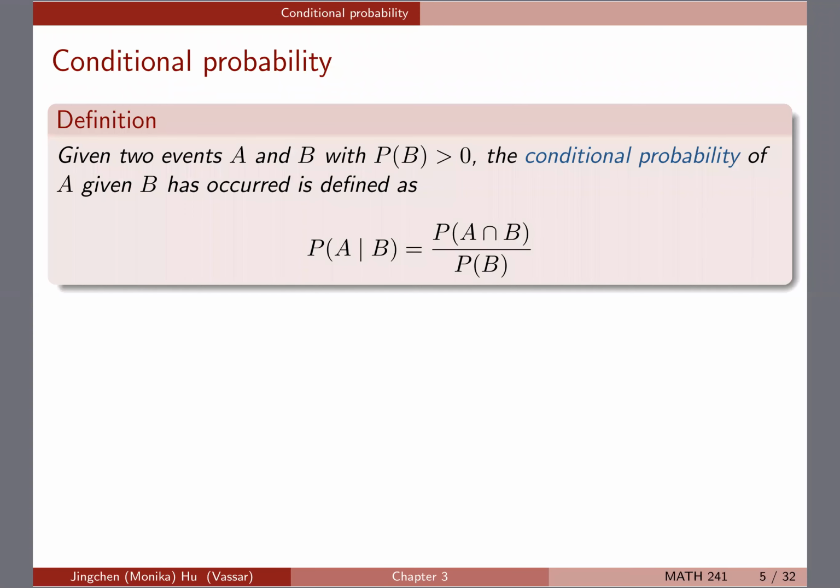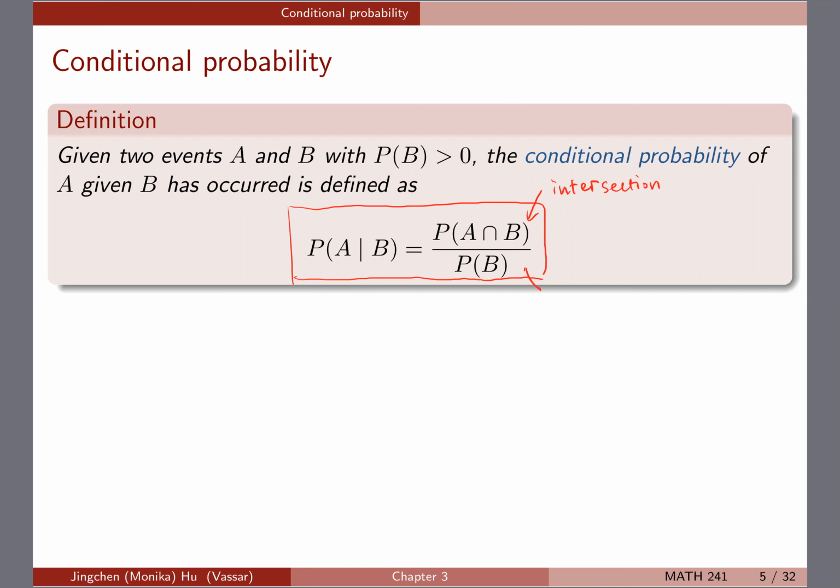Formally, to define conditional probability, given two events A and B, with the condition that the probability of event B is greater than 0, the conditional probability of event A given B has occurred is defined as this particular expression. Notice that the left-hand side is the conditional probability of A given B. On the right-hand side, on the top, we have the intersection of events A and B, so that means both A and B happen.